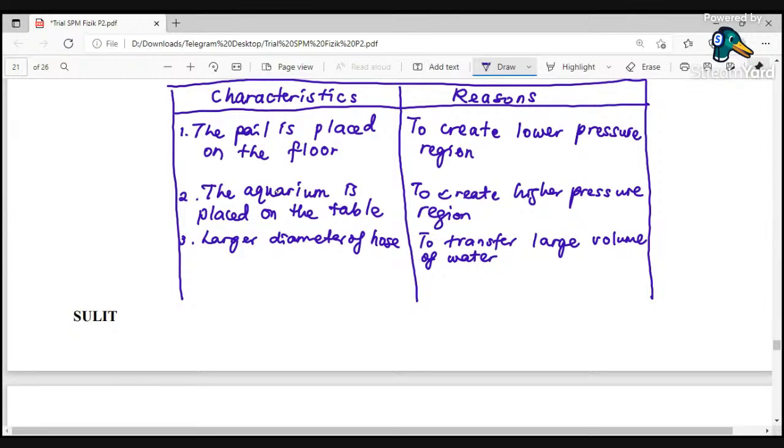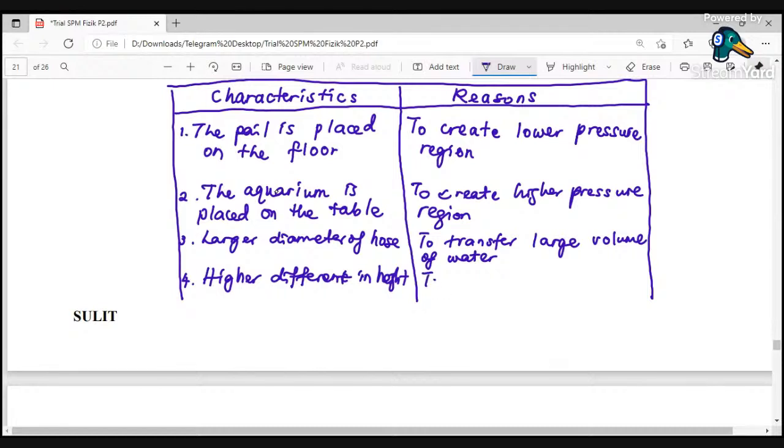Okay. All characteristic level is the difference in height must be higher. Okay, higher difference in height.